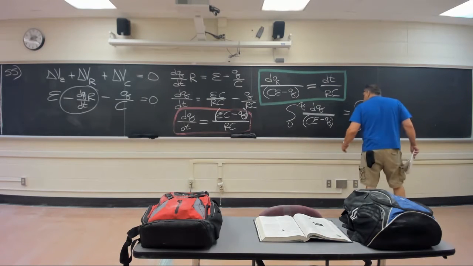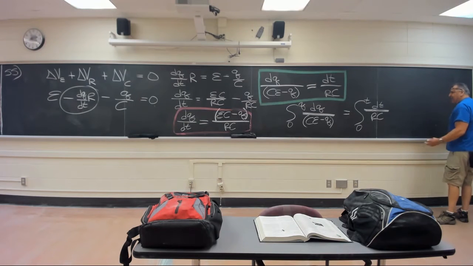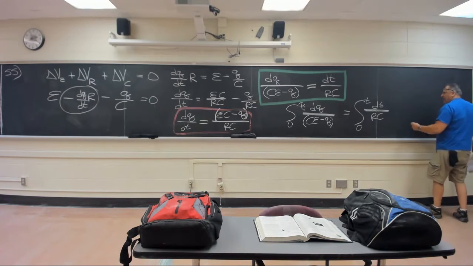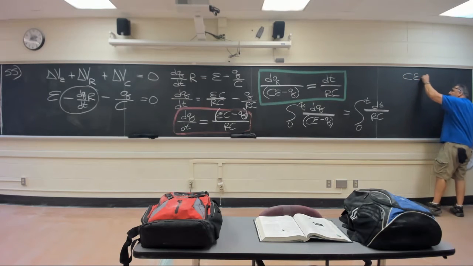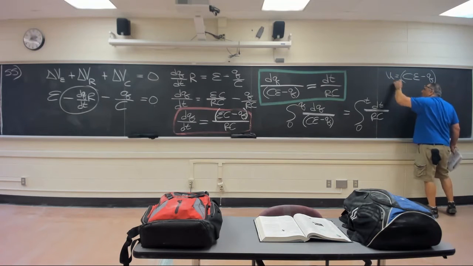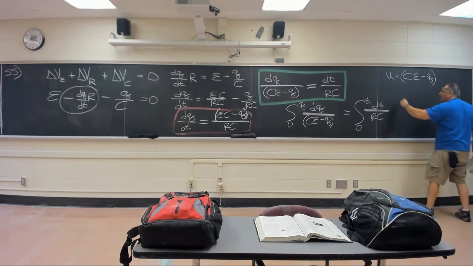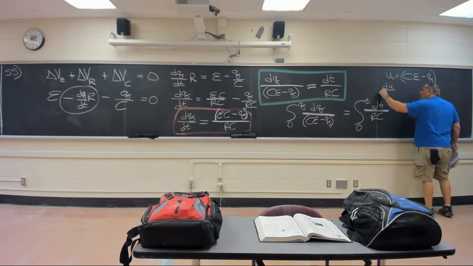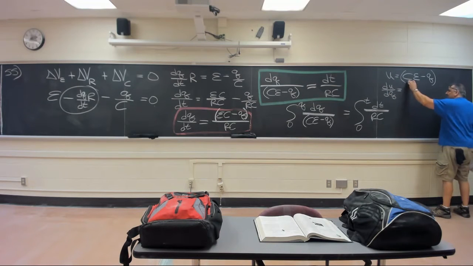Well, once again, there's a lot you can say, and a lot you don't have to say. If you're going to call CE minus Q, call that U. Then du dq, these are constants. C is a constant, epsilon's a constant.